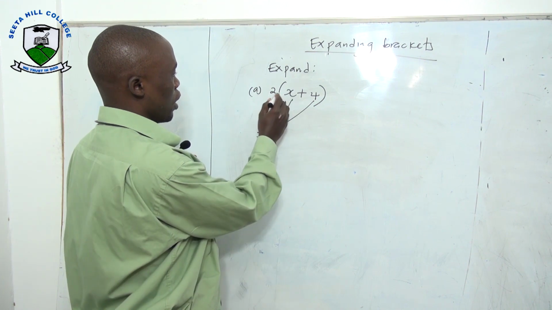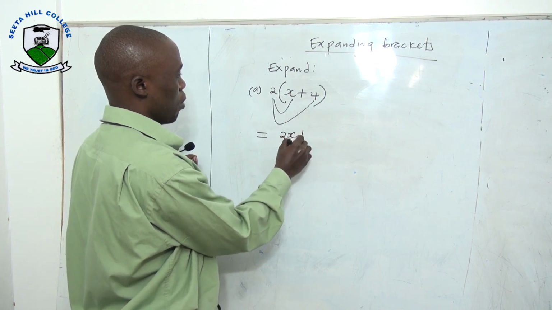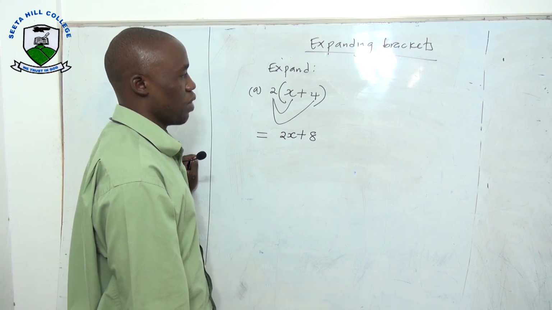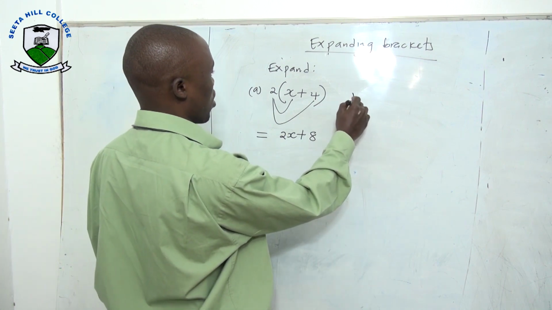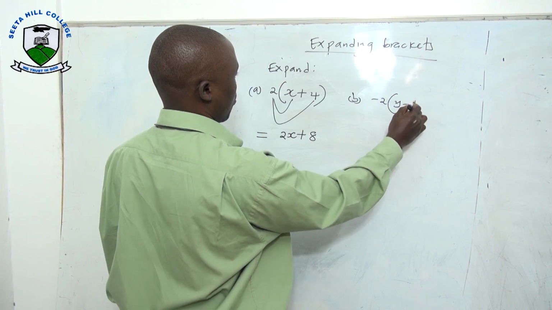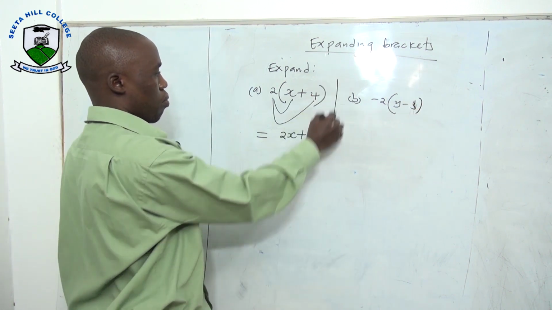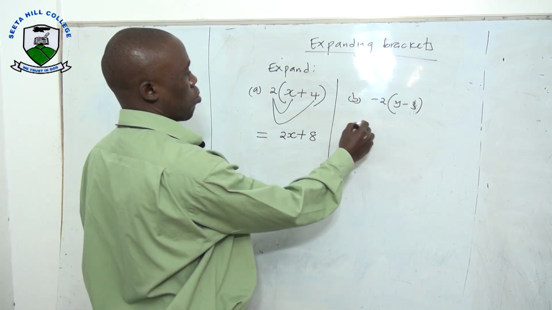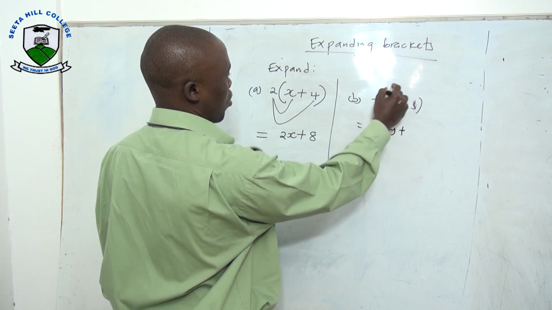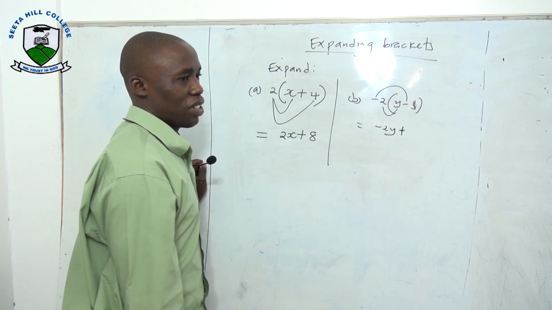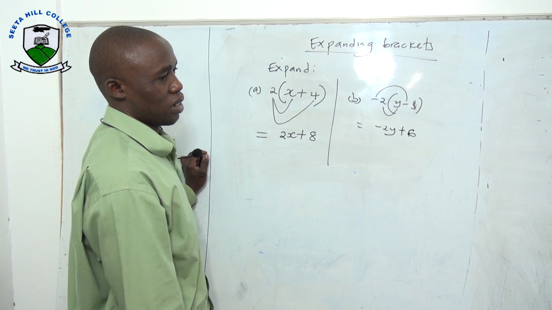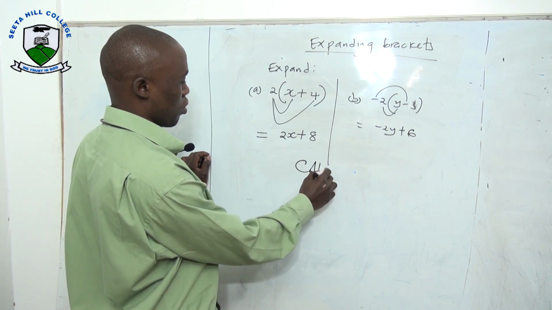This would take us 2 times x, 2x plus 8. Negative 2 into y minus 3: negative 2y, plus 6. A negative times a negative is positive. Not so? Yes. That's very good. This is your walkover, not so? Yes.